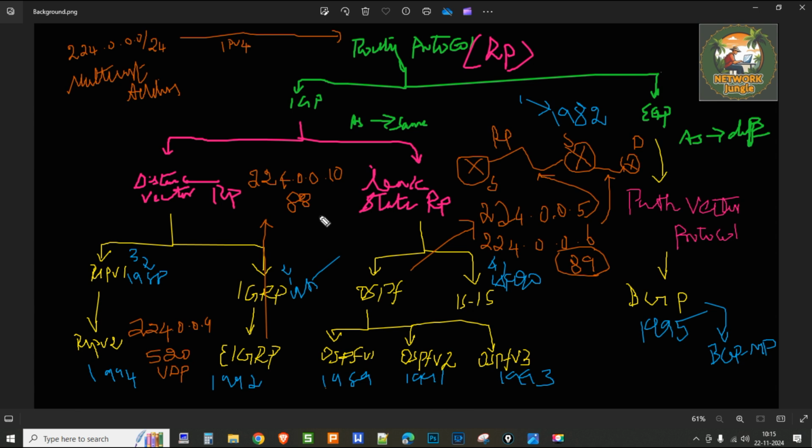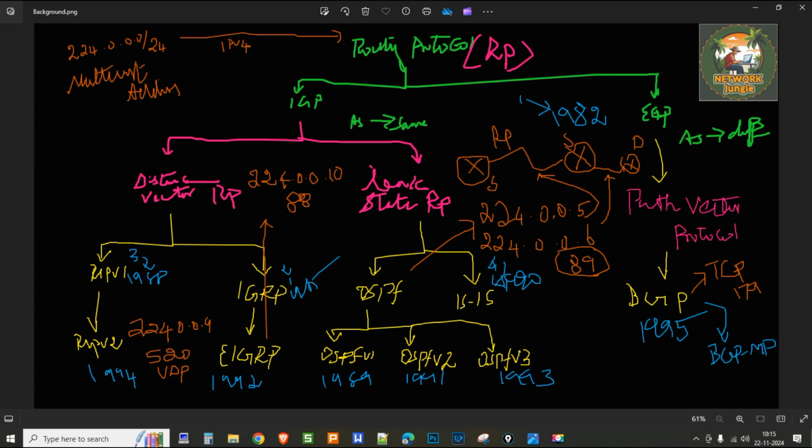Likewise, BGP uses TCP port number 179 to share the routing information between the routers using different autonomous system numbers on the internet.